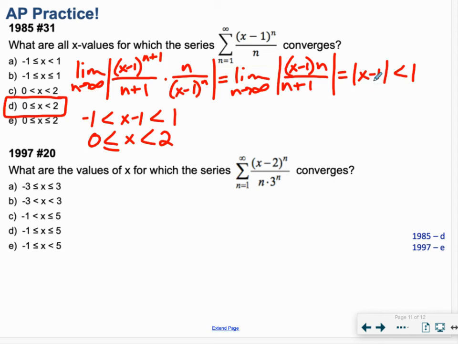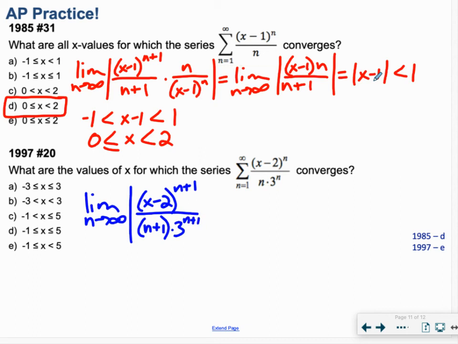Last problem of the day. We're going to do the limit using our ratio test, which we're going to learn to just love, over n plus 1 times 3 to the n plus 1 times n times 3 to the n over x minus 2 to the n. All right.